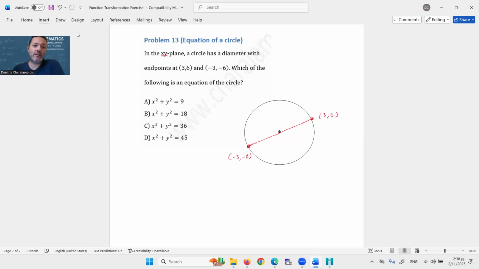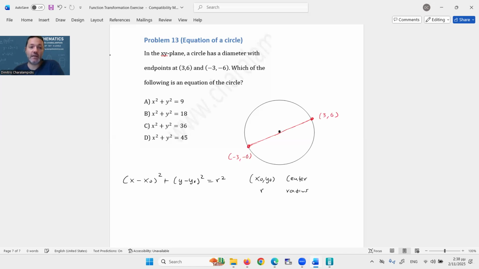We know that a circle can be written as (x minus x0) squared plus (y minus y0) squared equals r squared, where the point with coordinates x0, y0 is the center and r is the radius.